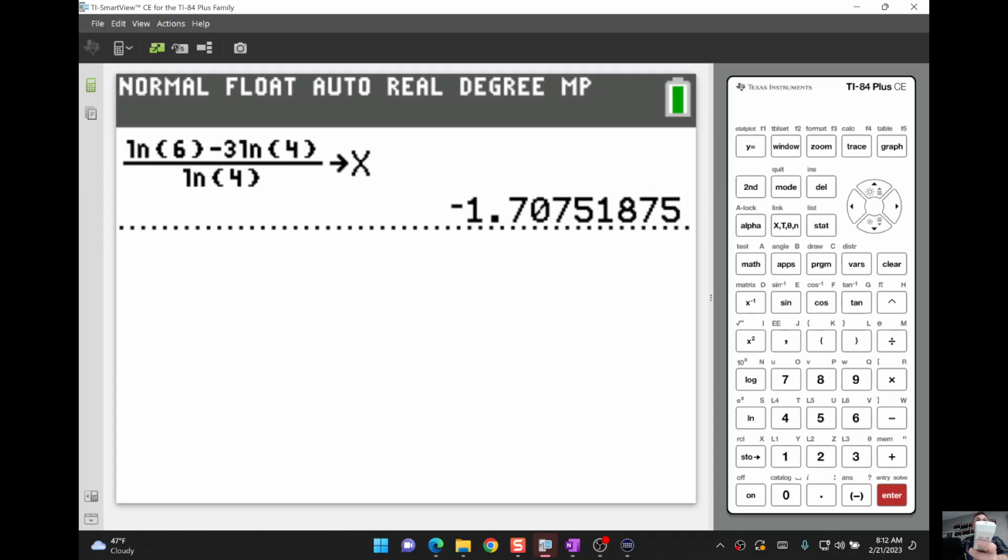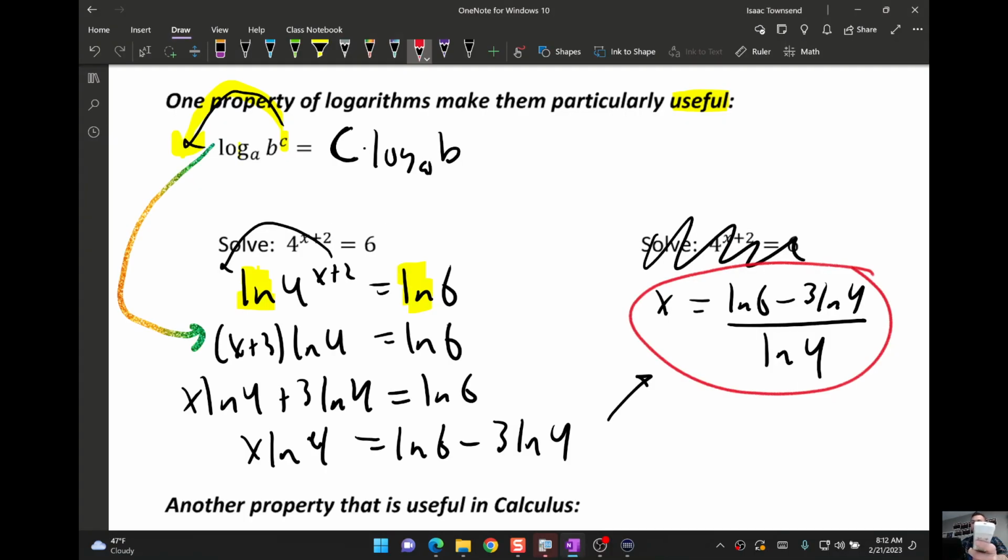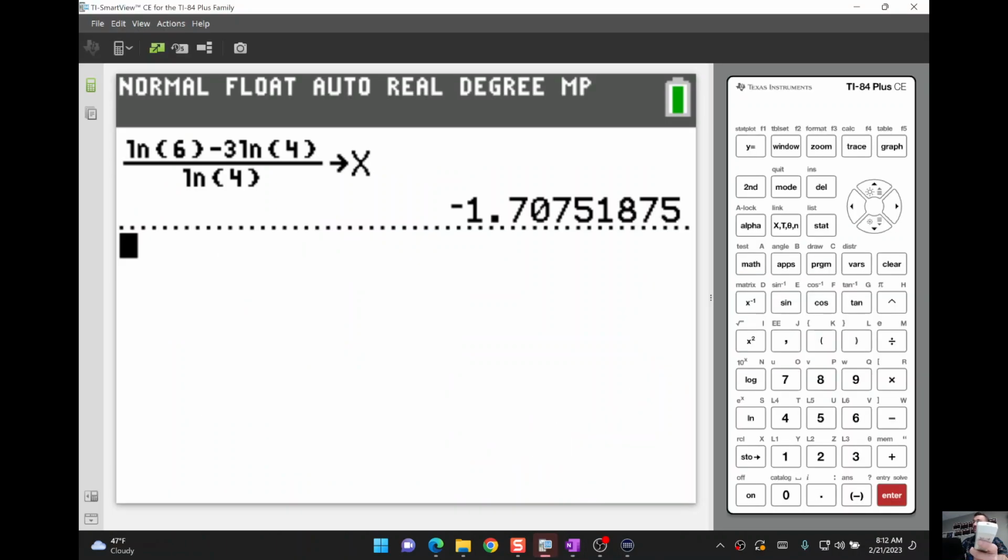I use this store button down here. I know I've shown this to you guys a few times this year, but I stored it in for x. And then what I can do is type in that original problem, 4 to the x plus 2. If this is really our answer, then it should be 6.